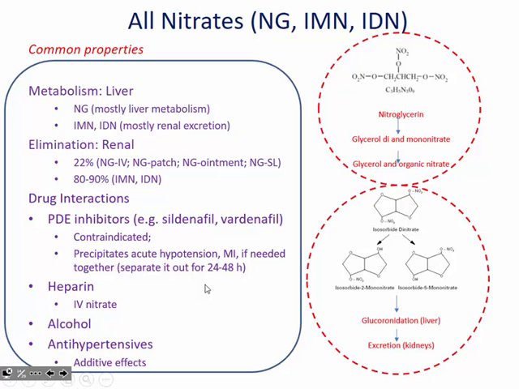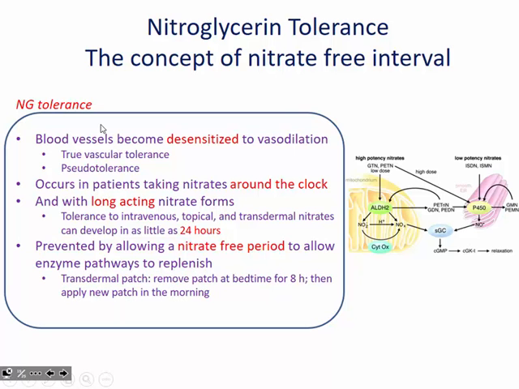If they have to take both, they have to separate them by at least 24 to 48 hours. Likewise, you can't combine nitrates with heparin, because nitrates can reduce the anticoagulant effect of heparin. And you have to be very careful when combining nitrates with other antihypertensives also. I'm going to skip the nitroglycerin tolerance part because you've heard it already.